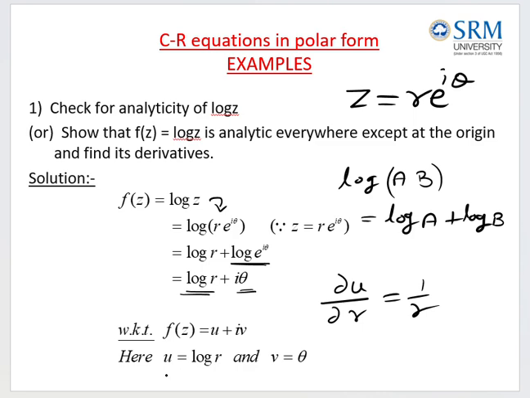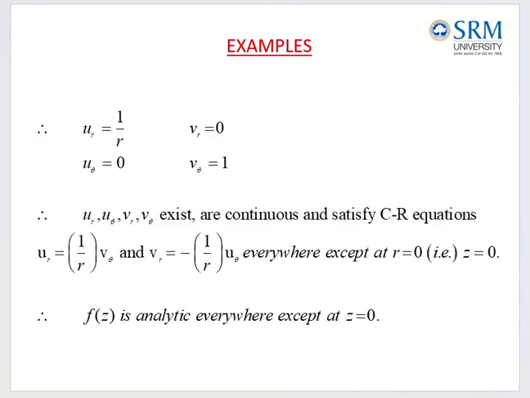Similarly, I differentiate u partially with respect to theta. There is no theta available here, so the partial derivative is 0. Similarly, if I differentiate v with respect to r partially, it is 0 because there is no r. And if I differentiate v with respect to theta, I'll get 1.